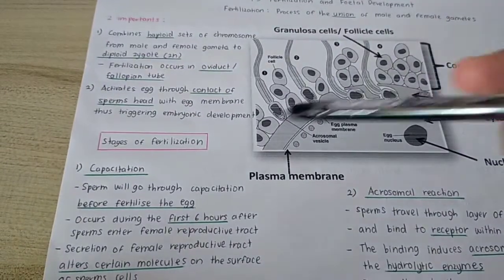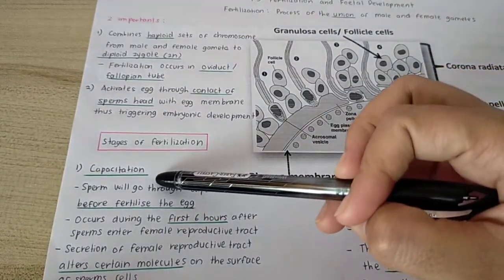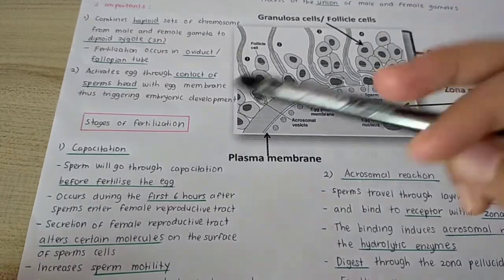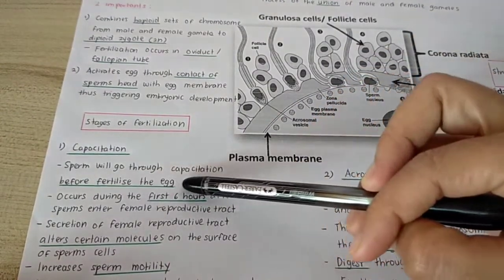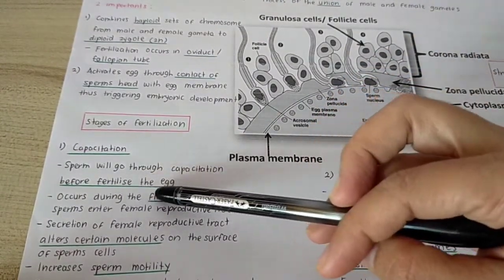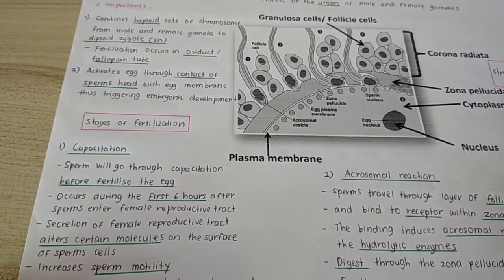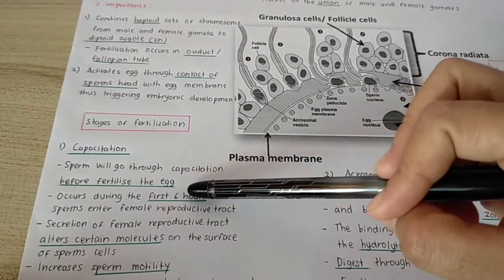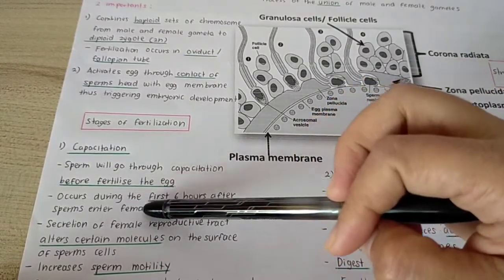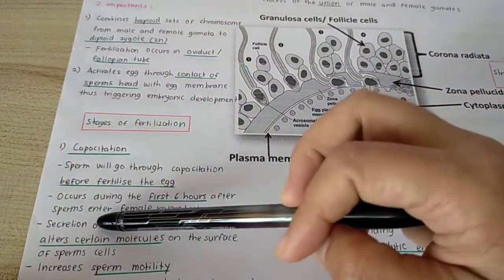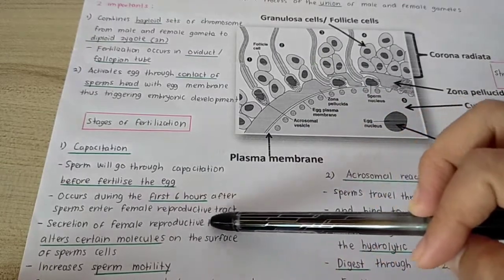The first stage of fertilization is capacitation. What is capacitation? The sperm will go through capacitation before fertilizing the egg. It occurs during the first 6 hours after sperm enter the female reproductive tract.